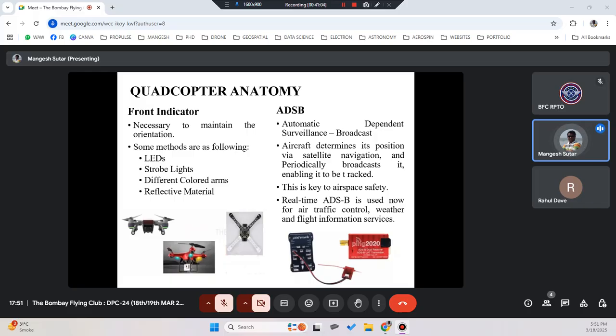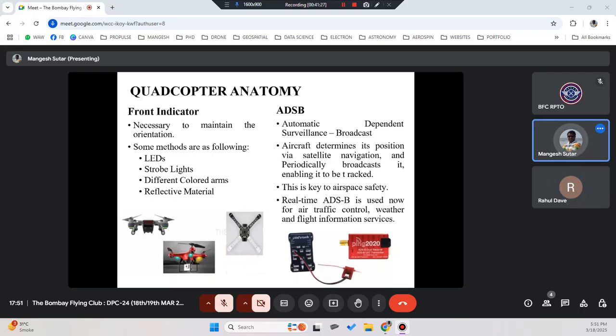Or if you're flying a very far-off drone, then I need to have a device called ADS-B, automatic dependent surveillance broadcast. This is a small unit which broadcasts its position via satellite navigation, and periodically broadcasts it to enable it to be tracked. This is the key to airspace safety.